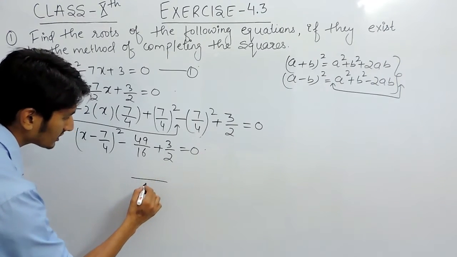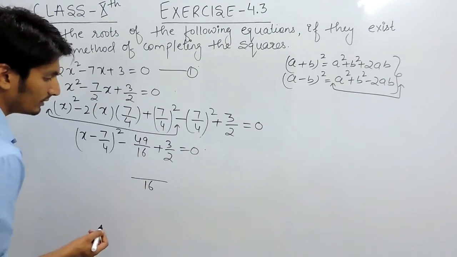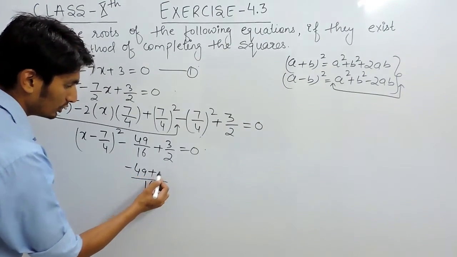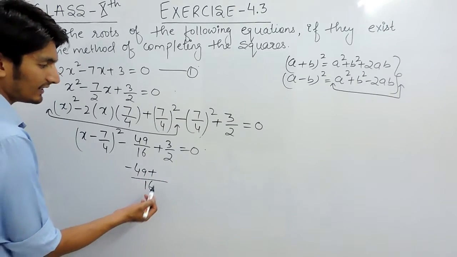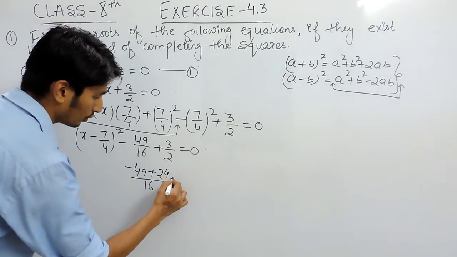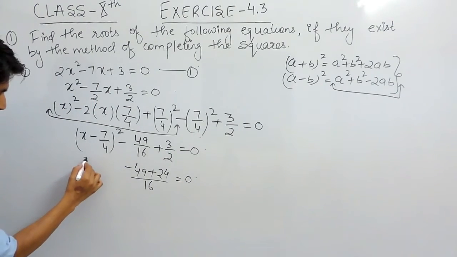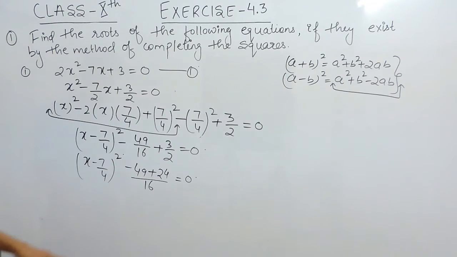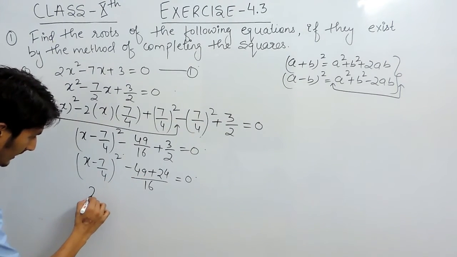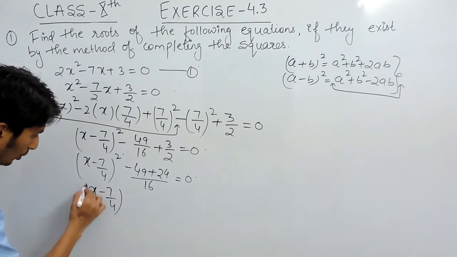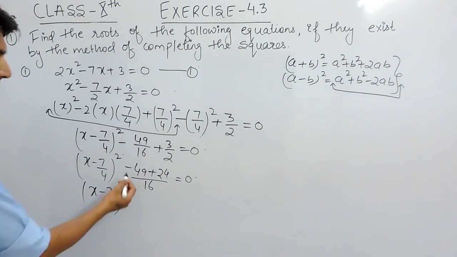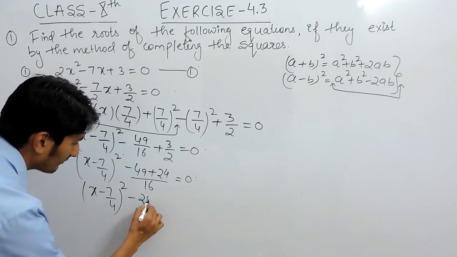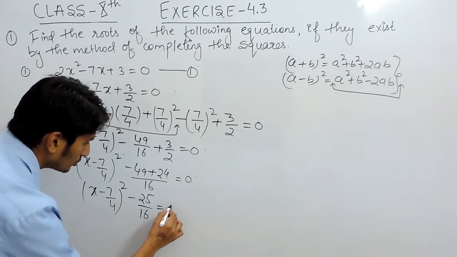The LCM of 16 and 2 will be 16, so this will be minus 49 plus 16 divided by 2 gives 8, into 3 is 24, equals 0. So this is x minus 7 upon 4 whole square, and minus 49 plus 24 is minus 25 upon 16 equals 0.